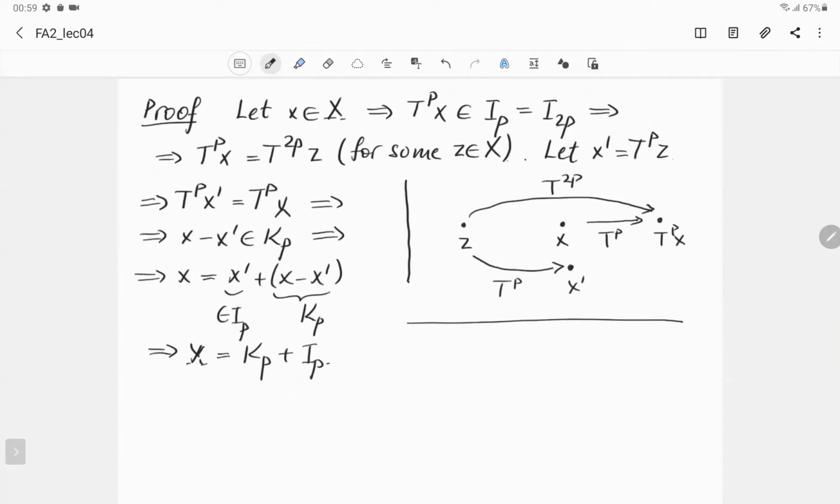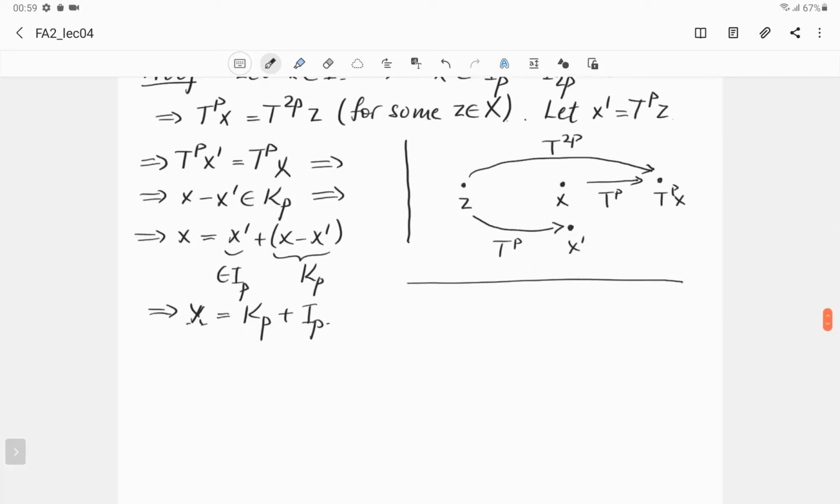Okay, so let's now show that this sum is the direct sum, that is, the intersection of Kp and Ip is 0. So let now X be an element in the intersection of Kp and Ip. X sits in Kp, and this means that T to the power P of X is 0.